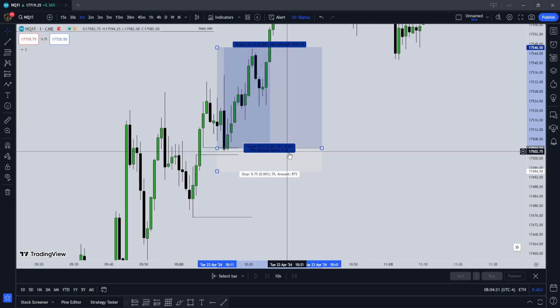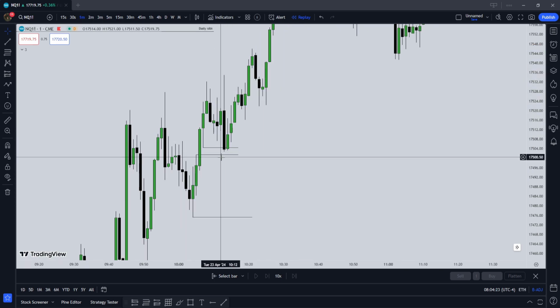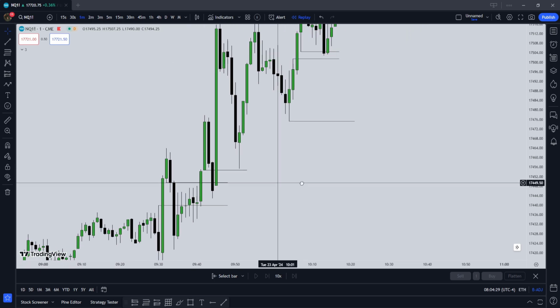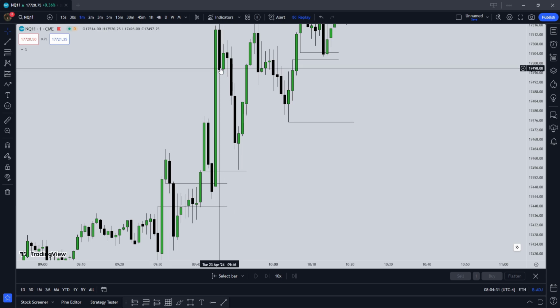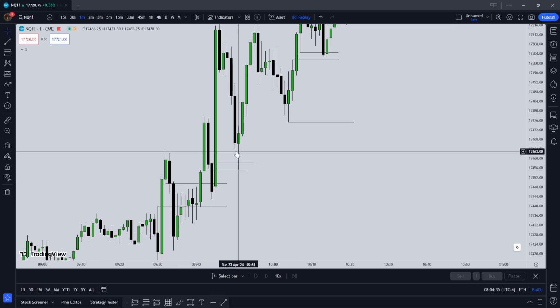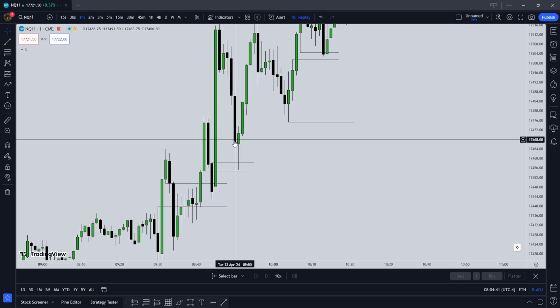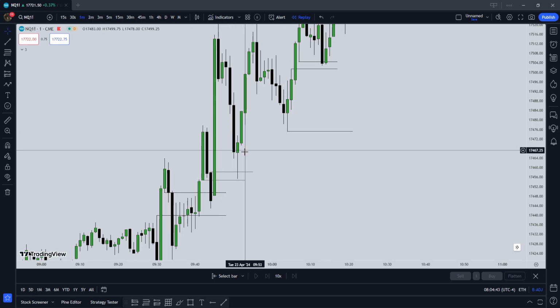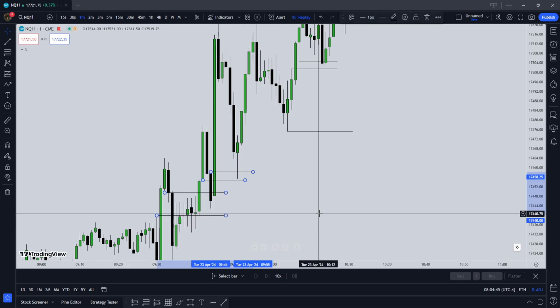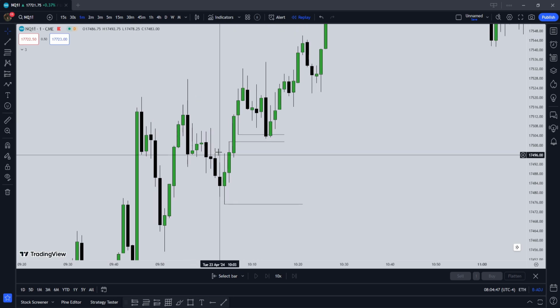So bodies didn't close below this, even if price traded down into this and wicked up, it will still respect this. As you can see here, you see this BC, price came down below this BC, but the body closed above, inside of this range inside of the BC, right? So that's what we need to see here as well.